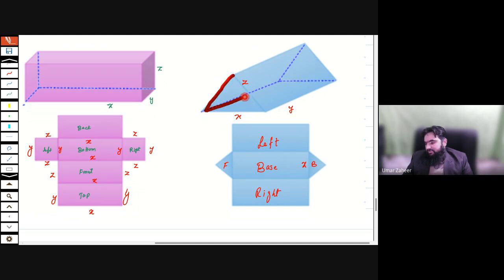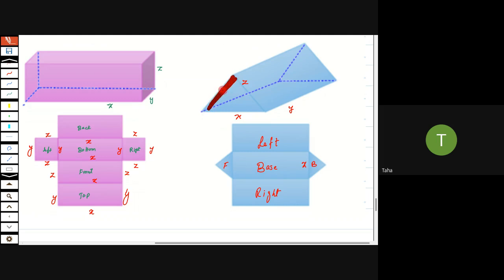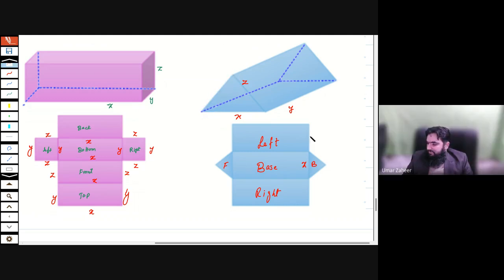I'm talking about this side. Anyone? Yes, Taha? It's Z. Yeah, it will be z here.